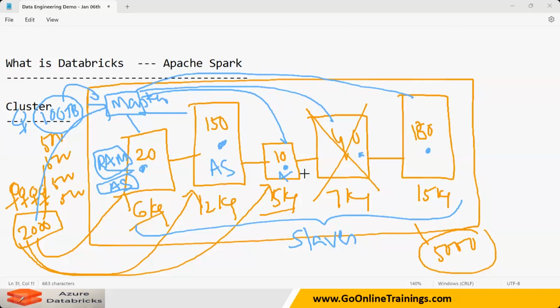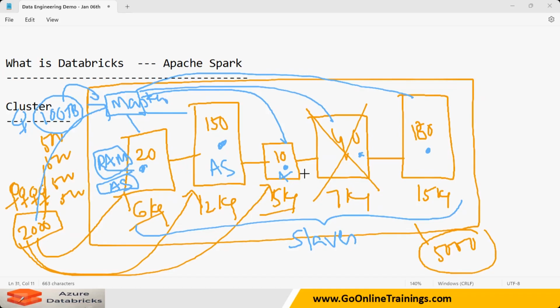You have 2,000 people in the hostel today, you buy 100 washing machines. Tomorrow you have 4,000, 5,000 people in your hostel, you buy 100 more washing machines. Even though 10 washing machines are not working, there is no problem for you. Clear? Even though one computer, one slave, is not working for you, it is fine. You have a minimum of one computer; if you have only one, it will be the master.